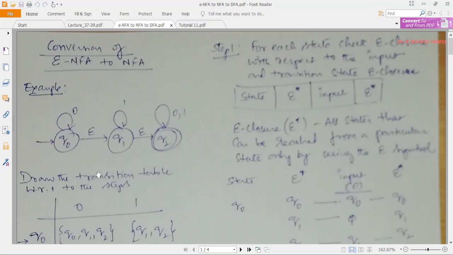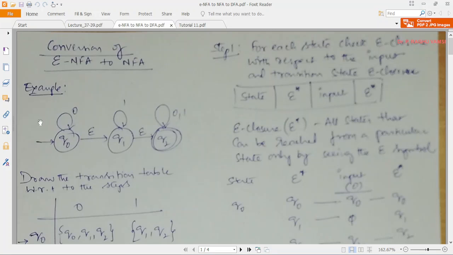In epsilon NFA, the transitions will take place with the epsilon movement. That means whenever the input is given as epsilon, that means without any input also, the state transition will change. This is what the epsilon NFA is.